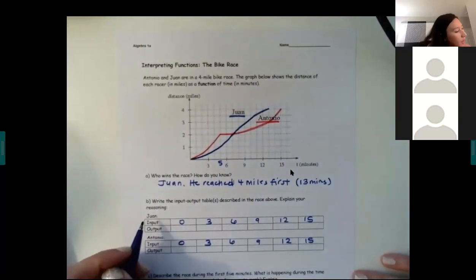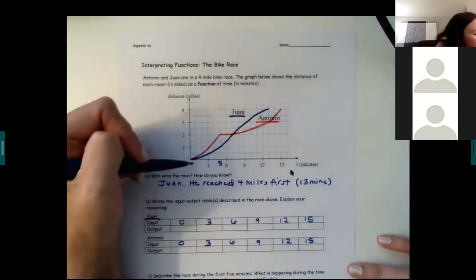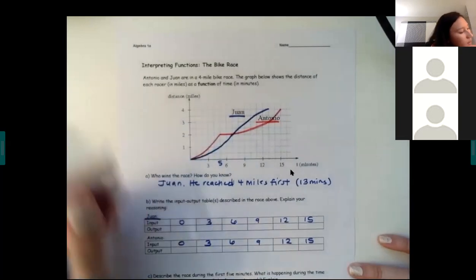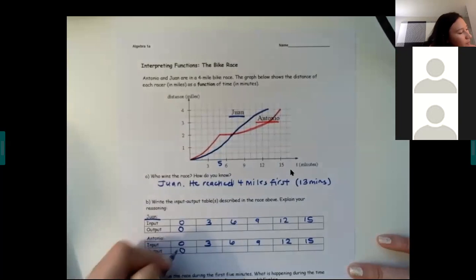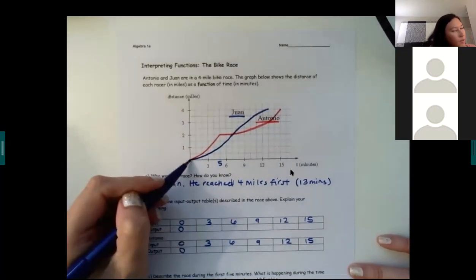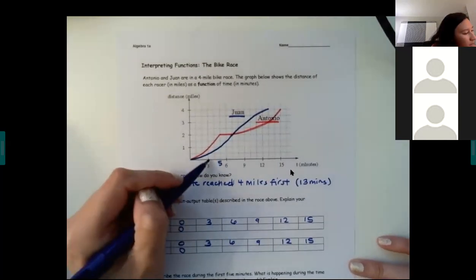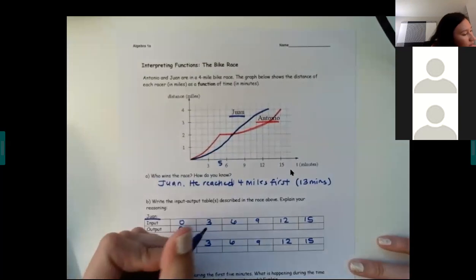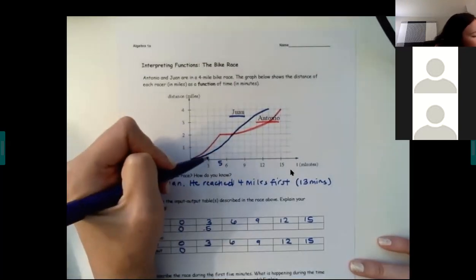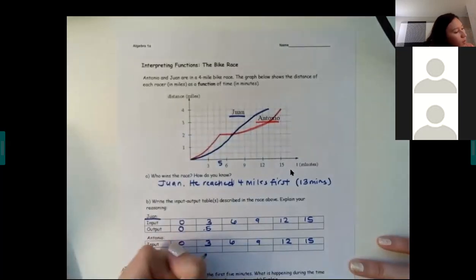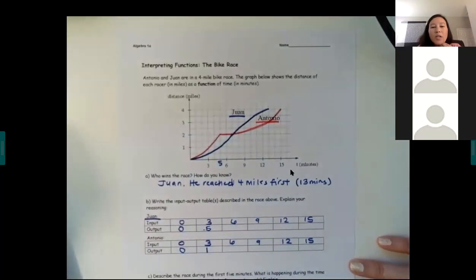So Juan, he's my blue line. I'm going to look at the blue line, starting at 0. At 0 minutes, they were both at 0 at the starting line. At 3 minutes, Juan has gone about half a mile, and Antonio, our red line, has gone pretty much 1 mile.